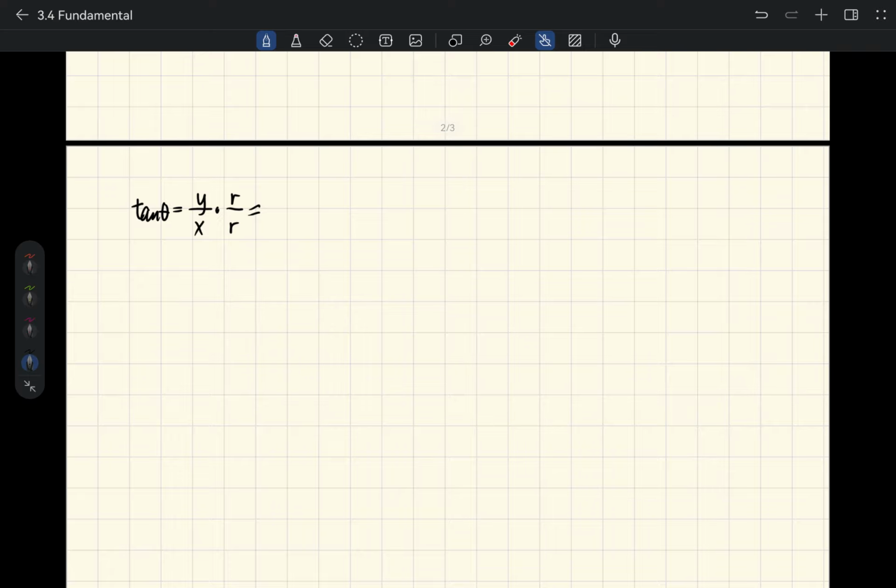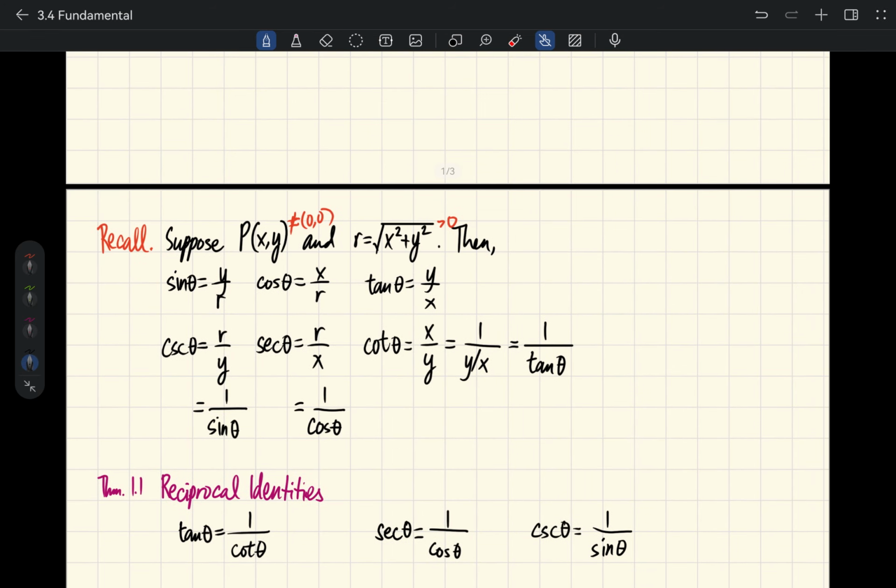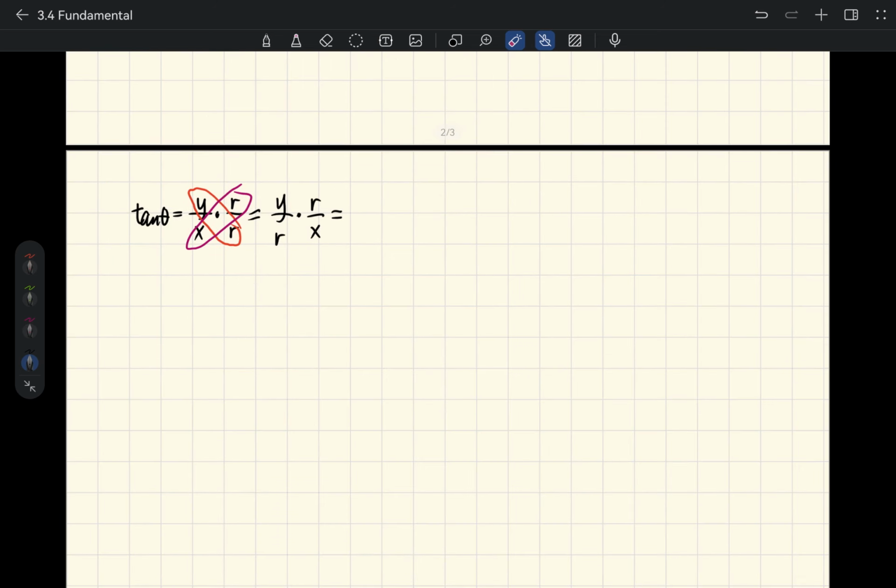As you can see, we have a term right here of y over r, and for the other side, we have r over x. So let's write it in this manner, y over r times r over x. And now, what's y over r? By definition, we said that y over r is sine theta. So this one right here would be sine theta.